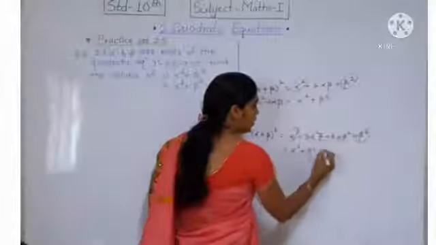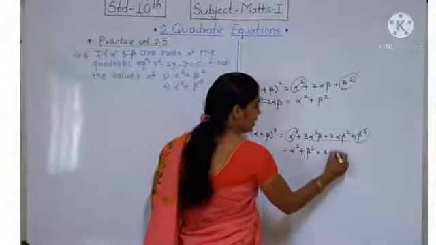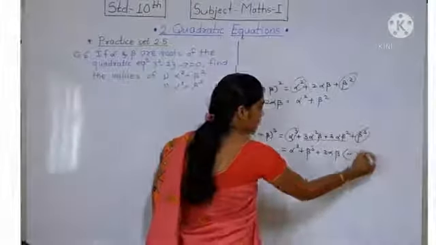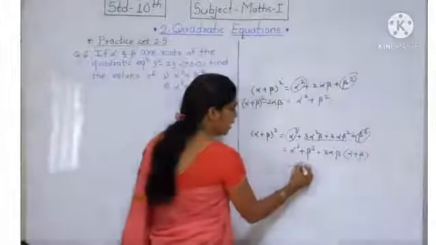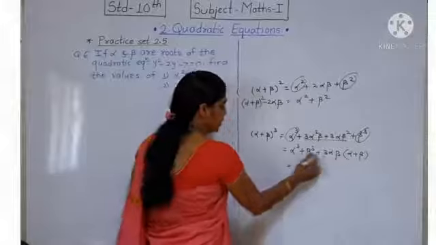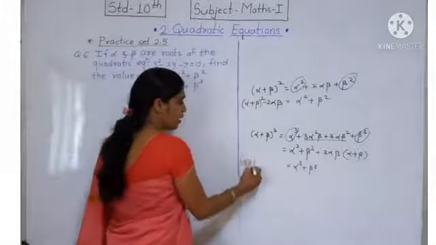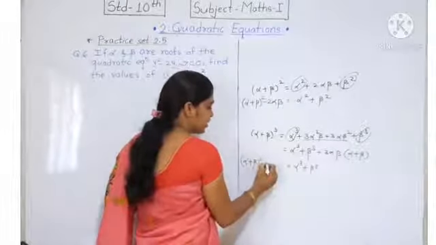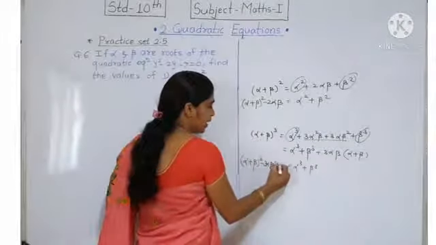Here, 3 alpha beta is common, so what remains is alpha plus beta. So the answer is (alpha plus beta) bracket cube minus 3 alpha beta into (alpha plus beta).